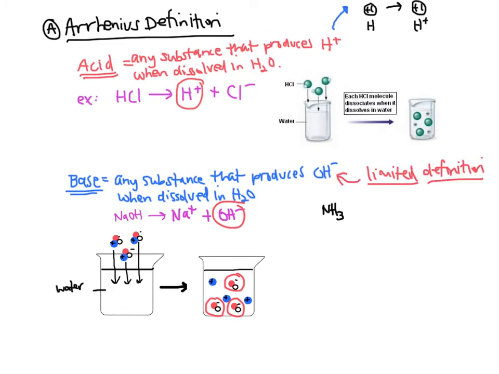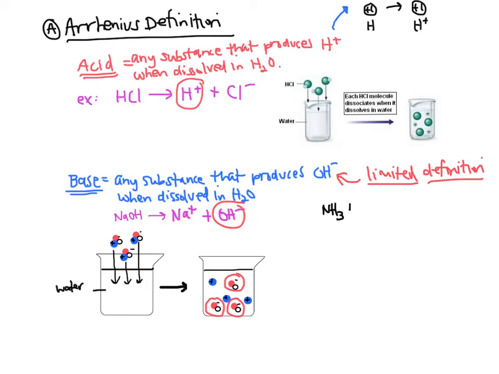The problem with the Arrhenius definition is it's a really limited definition, especially the definition that we give to a base, because there are known bases, like for example ammonia, NH3. We know it's a base, yet it doesn't contain the hydroxide ion. So according to the Arrhenius definition, it doesn't necessarily dissociate to produce hydroxide.